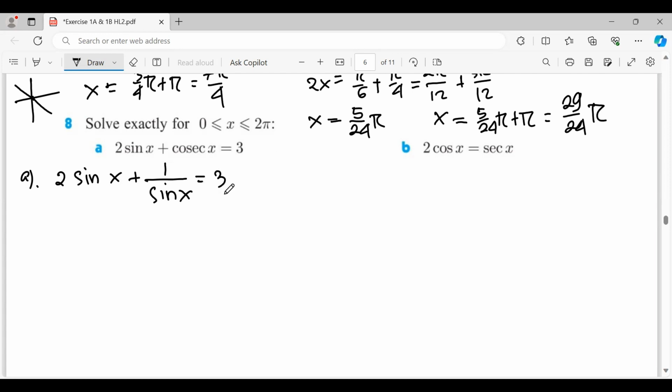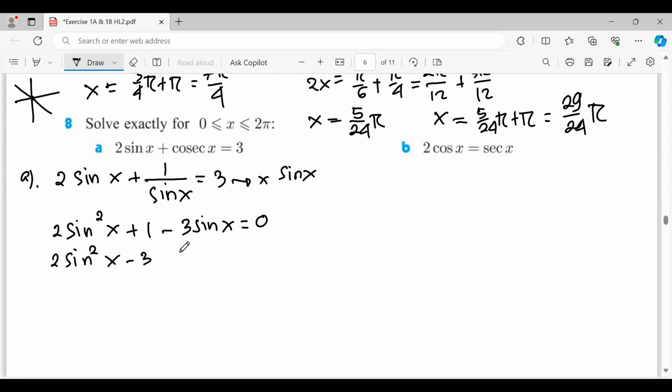After that, I will multiply by sine x. So this equation will be 2 sine squared x plus 1 minus 3 sine x equals 0, or 2 sine squared x minus 3 sine x plus 1 equals 0.